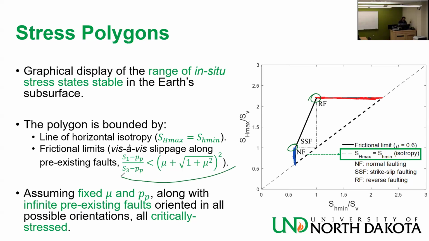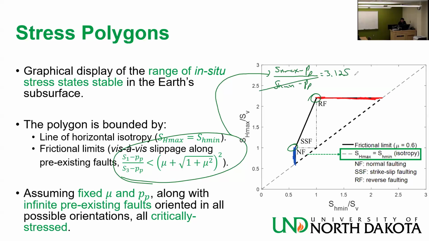Don't get me wrong. I take this, bring it here for strike slip faulting. S1 is SH max. S3 is SH mean, equal to 3.12. Okay, I erase extra and I divide by SV again.